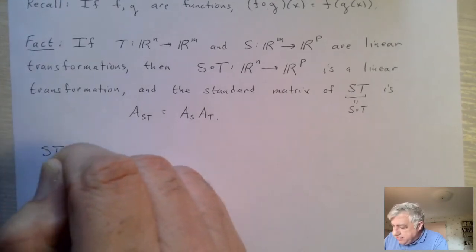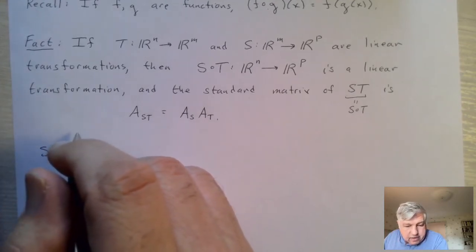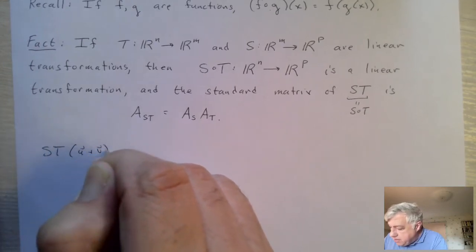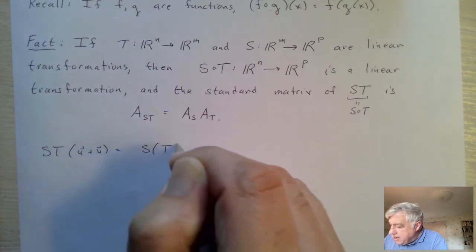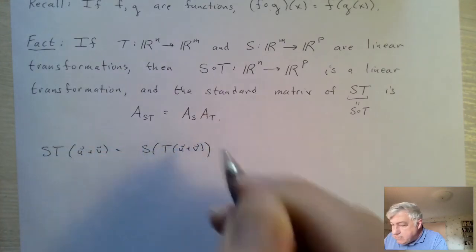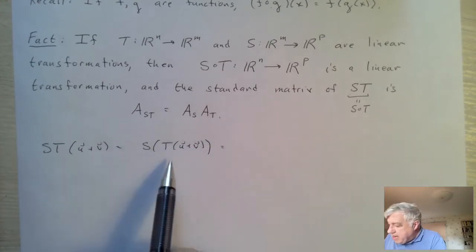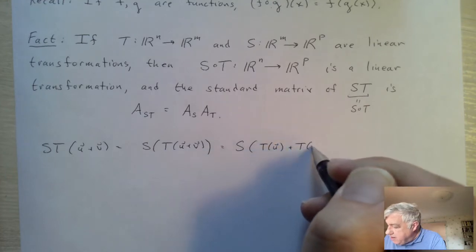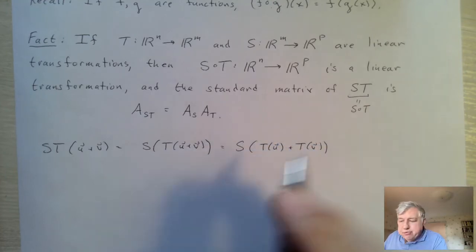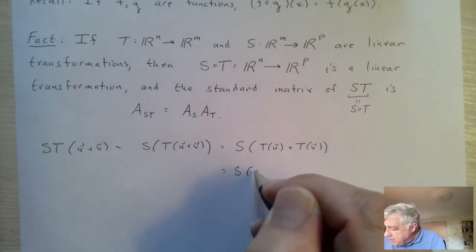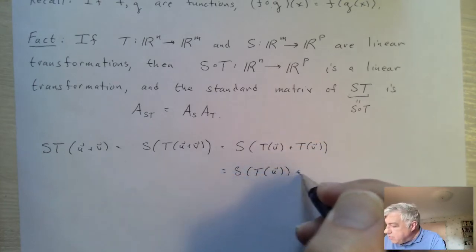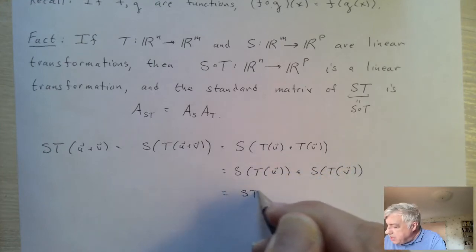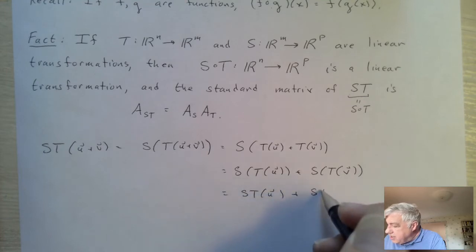ST of u plus v is going to be S of T of u plus v, which, because T is a linear transformation, is S of T of u plus T of v, and because S is a linear transformation, this is S of T of u plus S of T of v, which is ST of u plus ST of v.